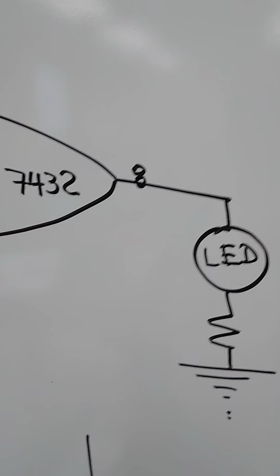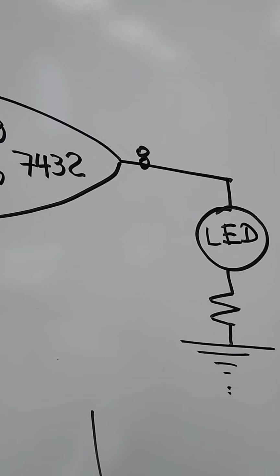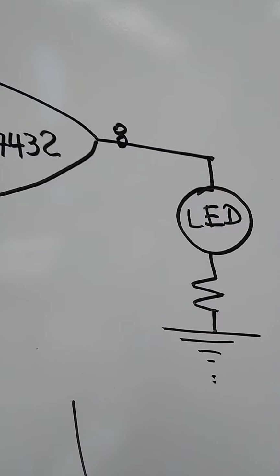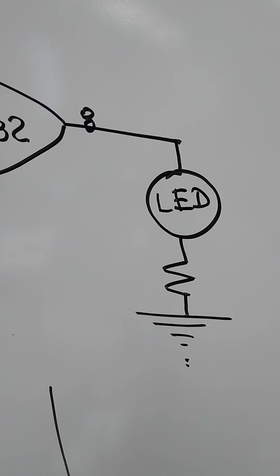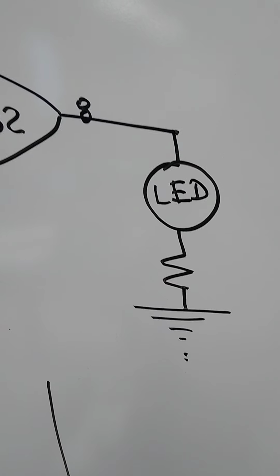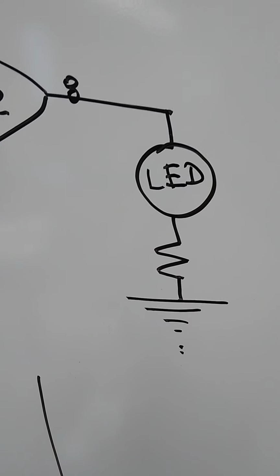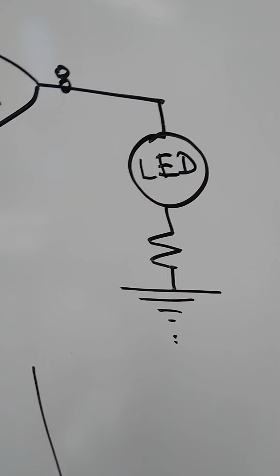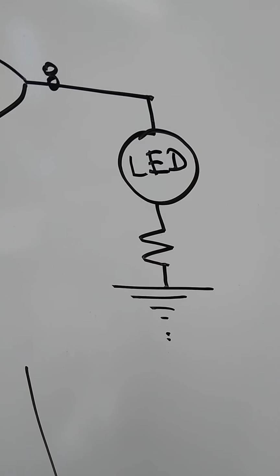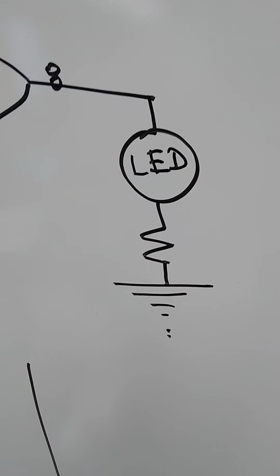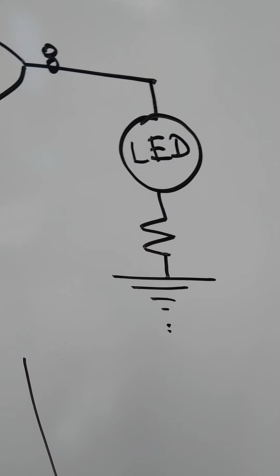From the output of the third gate in the 7432, we are going to connect to a LED, and from the other side of the LED, we are going to connect to a resistor. We can use a 330 ohms, for example, and from the other side of the resistor, we are going to connect to ground.